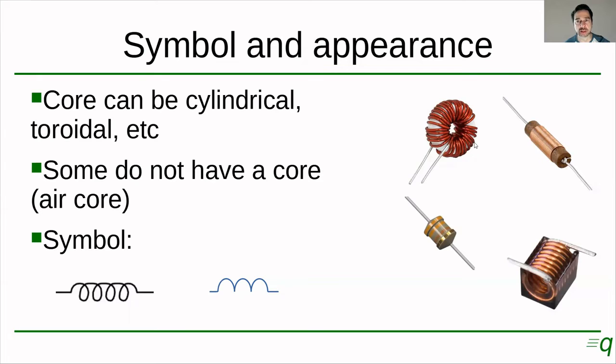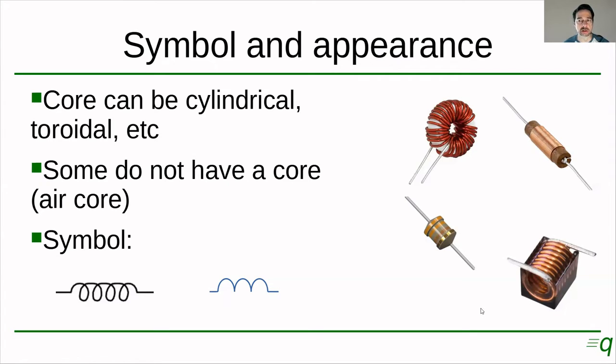The donut-shaped core, and the wire is coiled around it. So this helps contain the magnetic flux inside. This one is pretty much the same as this one, only this one is coated and enclosed, right? So you cannot see the wire, but the wire is inside. So the internal construction is going to be very similar to this one. And lastly, this one does not have a core, right?